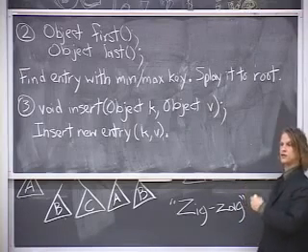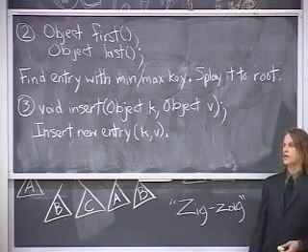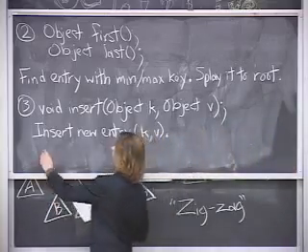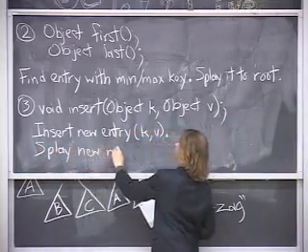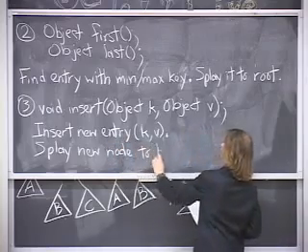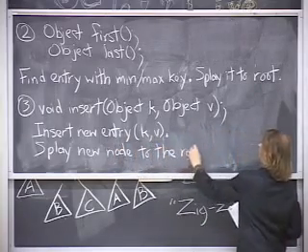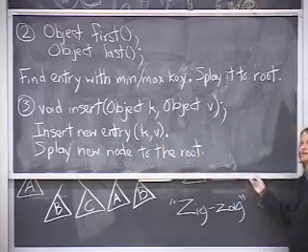And that creates a new node that's a leaf of the tree. And you take that new leaf and you splay it to the root. That's it.